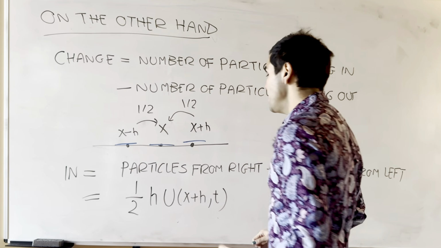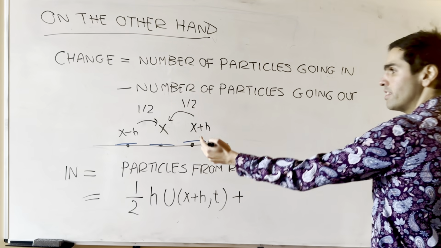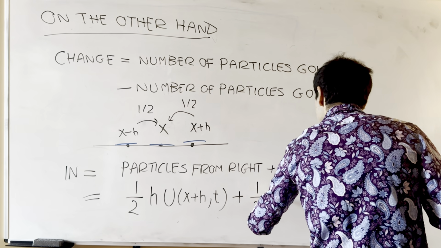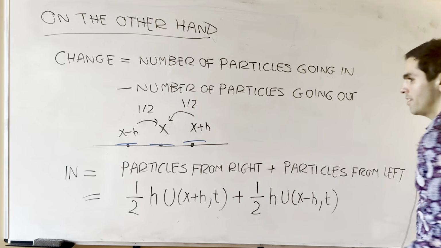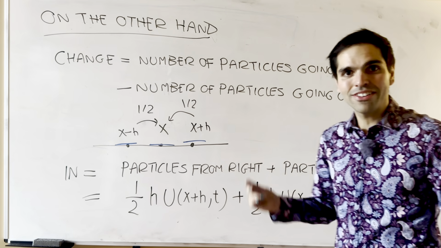So 1/2 H u of X plus H, T. And then from the left, it's the same thing except with X minus H. So this is in, and now let's see what's out.